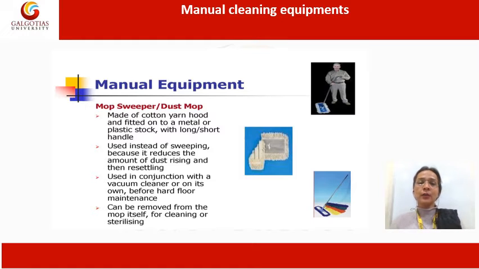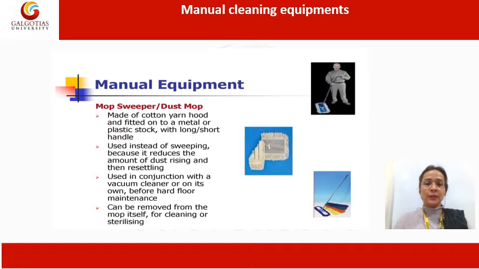Now, talking about the manual cleaning equipment, we have the mop sweeper and dust mop. What is a mop sweeper and dust mop? It is made of cotton yarn hood fitted onto a metal or plastic stalk with a long or short handle.